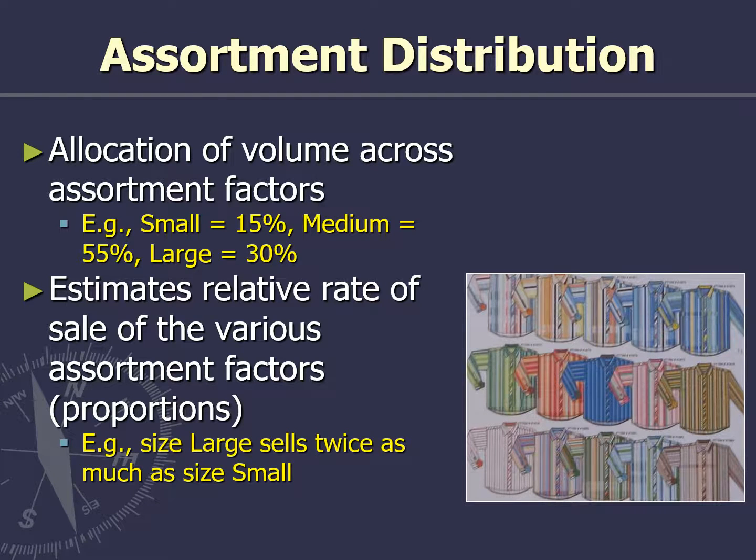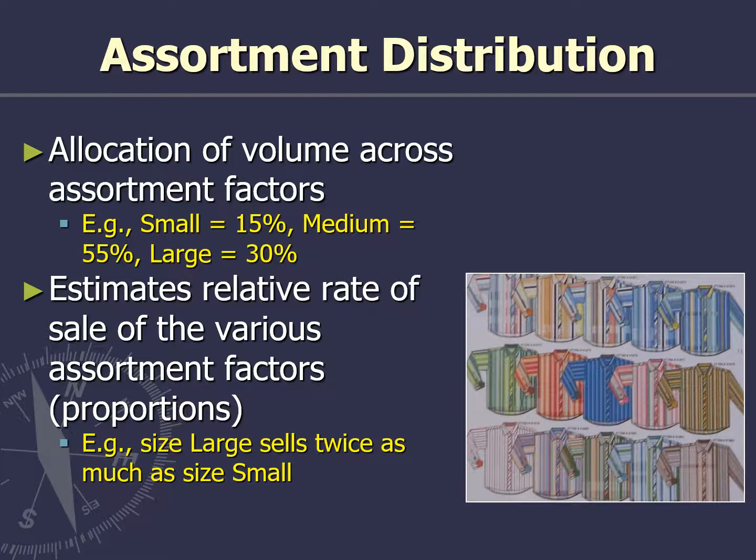For example, in terms of the size assortment factor, let's say the buyer decided that the assortment would come with 3 different sizes, small, medium, large, through the model stock plan. Then in the stage where the buyer does the assortment distribution, maybe she will decide that she is going to carry 15% small size, 55% medium size, and 30% large size.